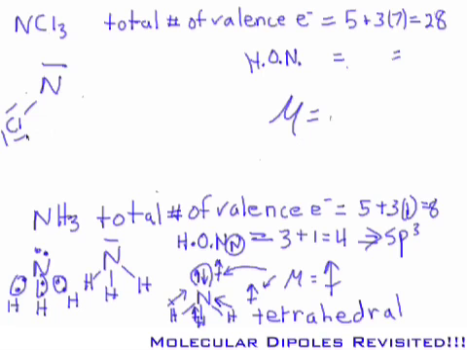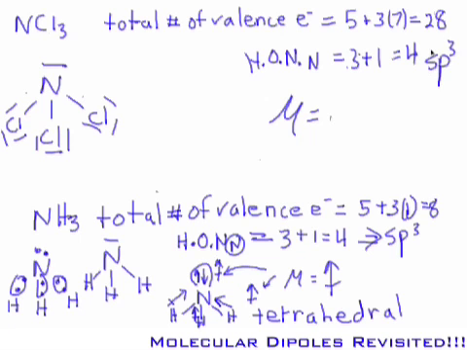Now, let's discuss the differences for this. What is the hybridization of nitrogen in this case? Well, it's exactly the same as NH3. Nitrogen has 3 atoms plus 1 lone pair, so it's 4. So the result we get is sp cubed.